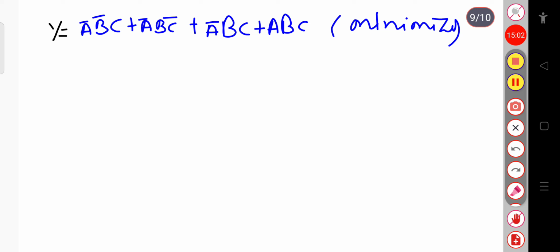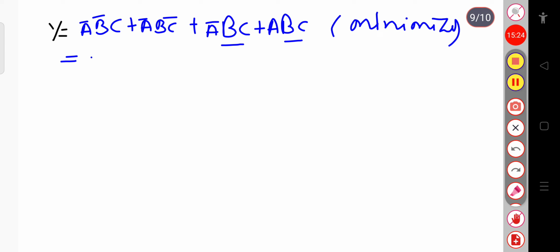So, this will be equal to, first of all you must keep in your mind what term you can take common mostly. So, here you can see that in the third and fourth term you can take the common BC, so that you will get a bar plus a, and a bar plus a is 1. So, that is why it should be in your mind what you have to take common.